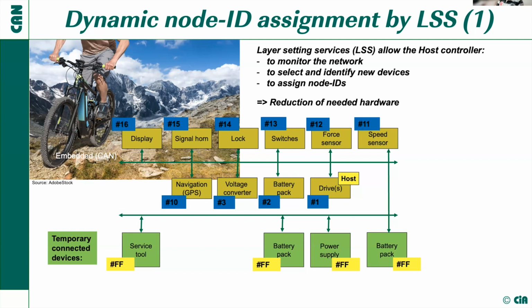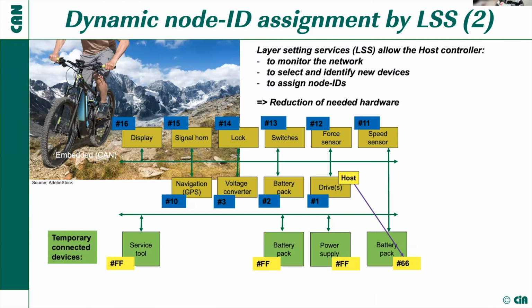And a host controller has then the capability via the layer setting services to monitor its network, to see, okay, there are new devices attached. Then it can select and identify the new devices and assign node IDs. And therefore, we don't need these transparent routers or bridges anymore. So you treat one after the other and give the devices the intended node ID value.